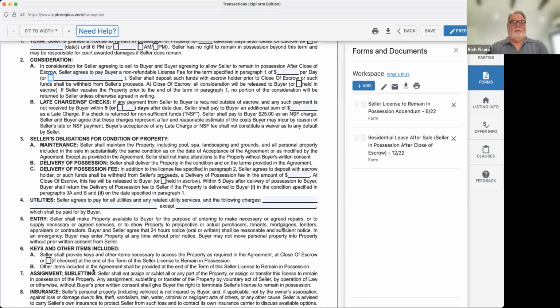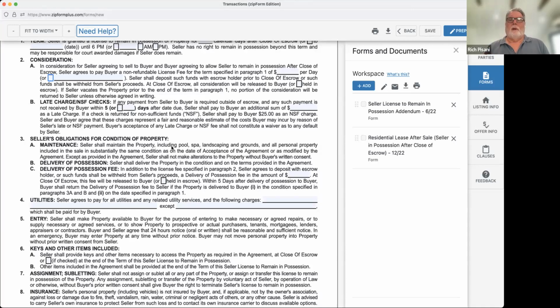So in addition to the license fee, seller agrees to deposit with escrow, or such funds shall be withheld from their proceeds, a delivery of possession fee in the amount of X amount of dollars. So at close of escrow, this fee will be either released to the buyer or held in escrow. Within 5 days after delivery of possession to the buyer, seller shall return that fee. So it really is a deposit.